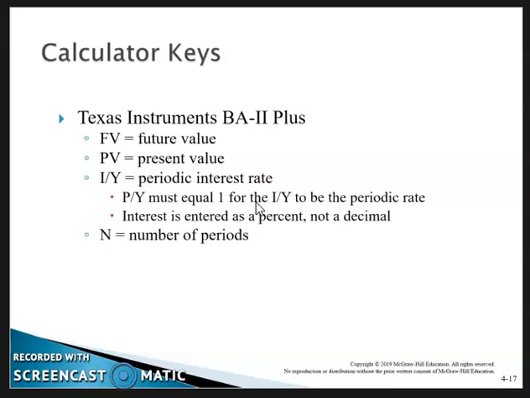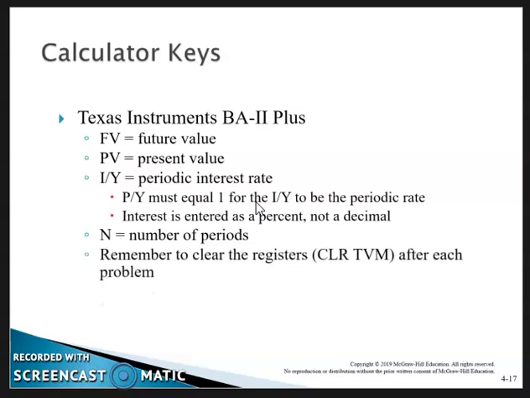N is the number of periods, and we seem to have left out PMT, which is payment. The book says to use the clear time value money function. The way I will teach you, you do not need to use it. You just enter any 4 of those 5, and that will take care of it.